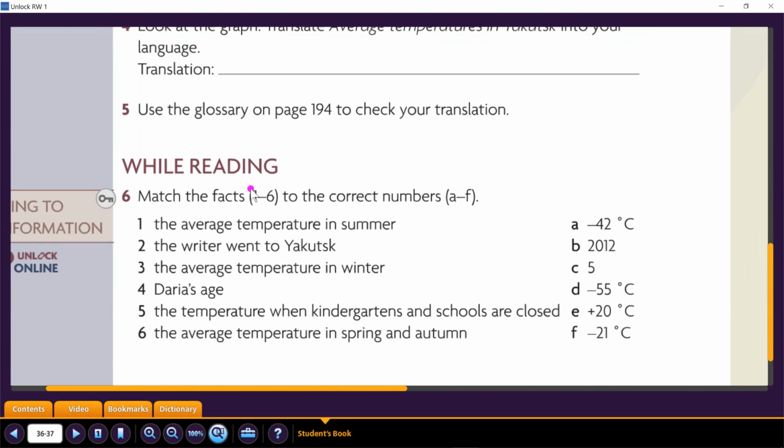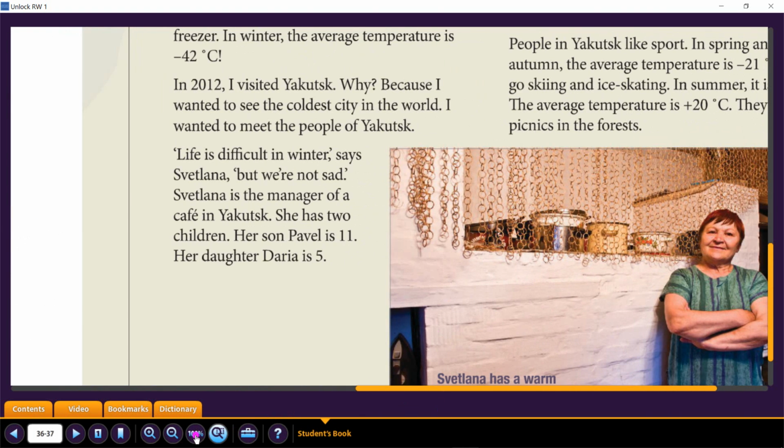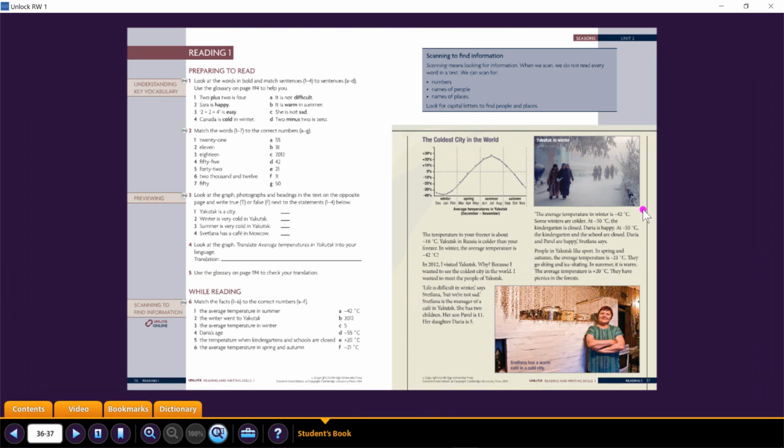So while reading, match the facts 1 to 6 to the correct letters A to F. Read the sentences, read the text, ladies. Give yourself, for example, 3 to 5 minutes to read the entire text, to understand it.